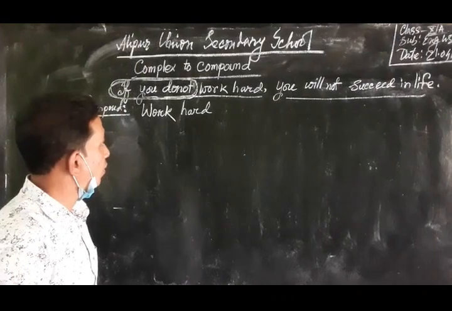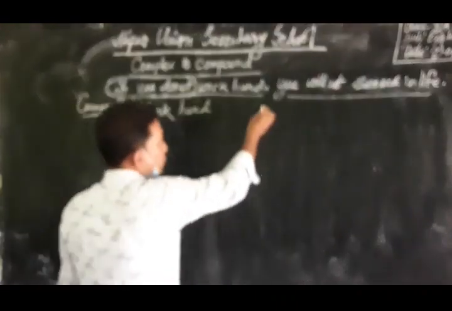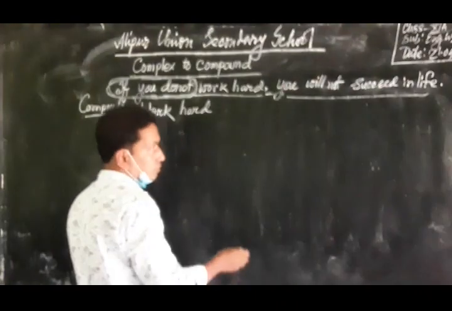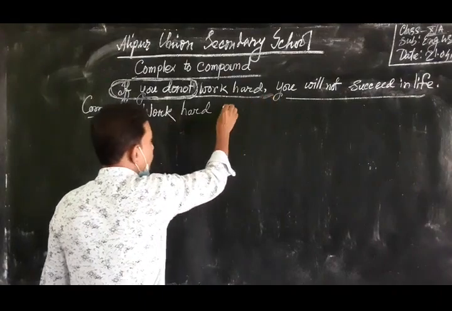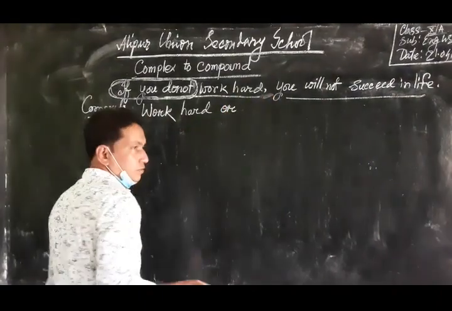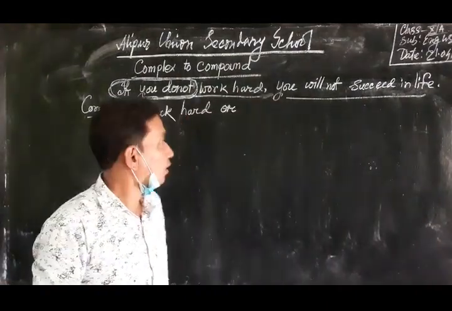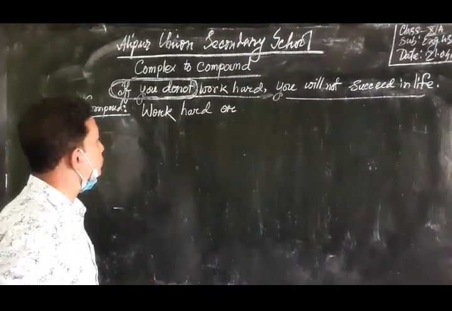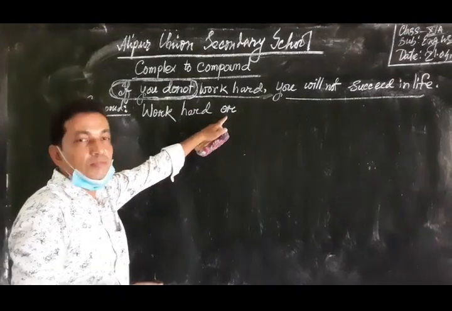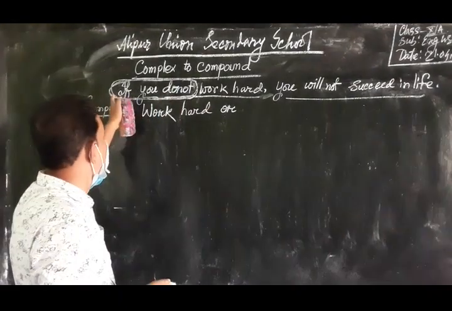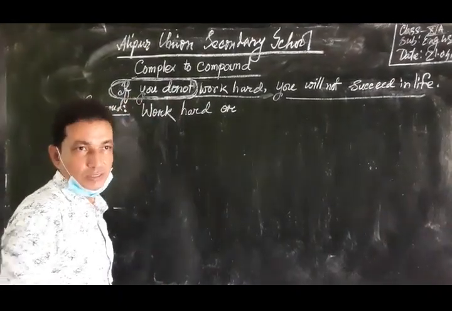Okay, but what can we use in the middle of the two clauses? I may use here nor. Okay, dear learner, you must remember that you have to use nor in the middle of the two clauses in case of if conjunction.